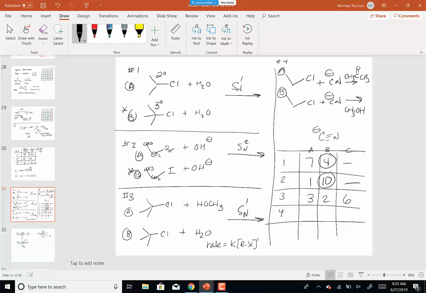That's the rate determining step. So will the concentration or the strength of the nucleophile affect the rate of that reaction? No. So if that's the case, then they're the same.